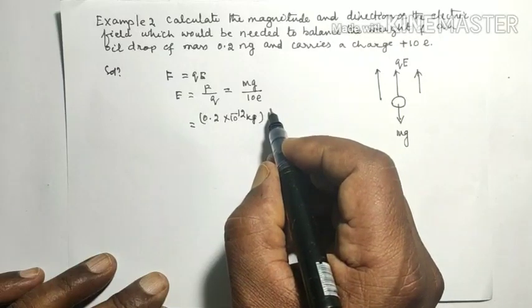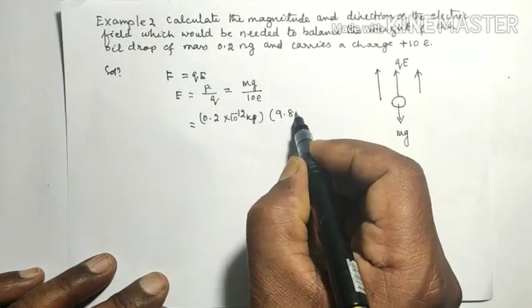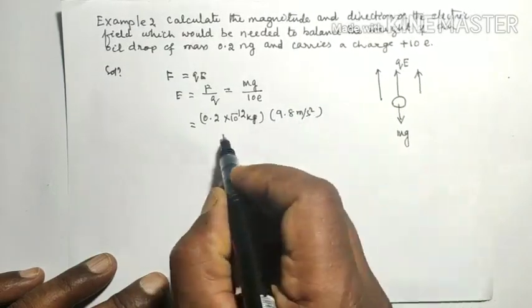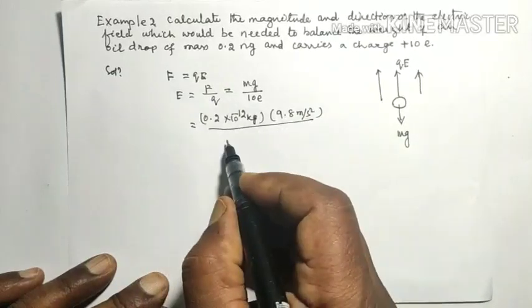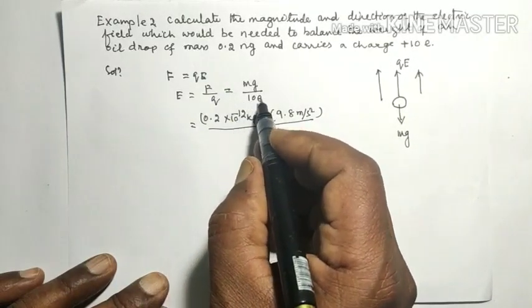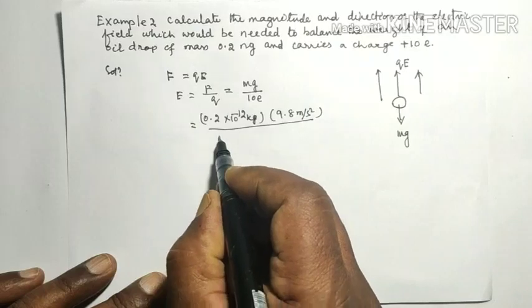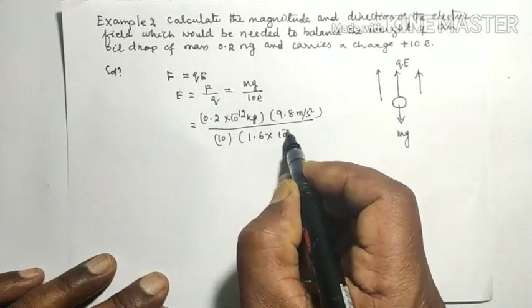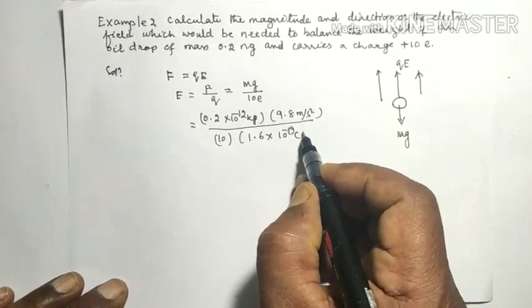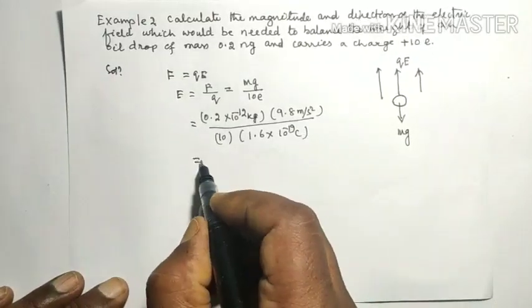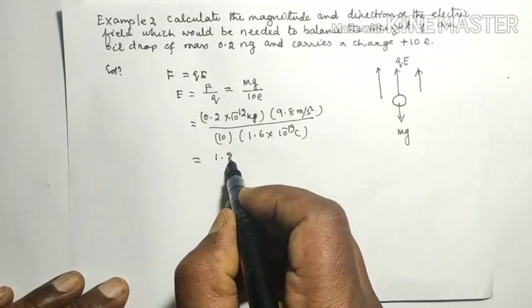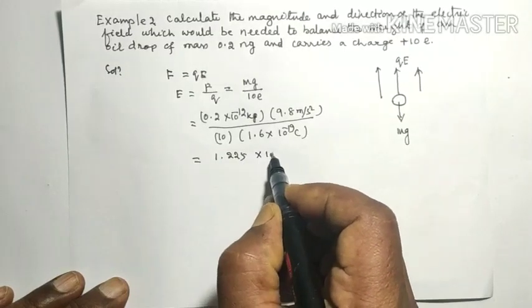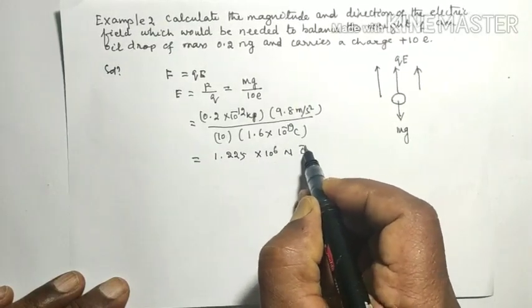And g, the acceleration due to gravity, that is 9.8 meter per second square, and Q equal to 10 E. So this is 10 into E, 1.6 into 10 to the power minus 19 Coulomb. So the result is 1.225 into 10 to the power 6 Newton per Coulomb.